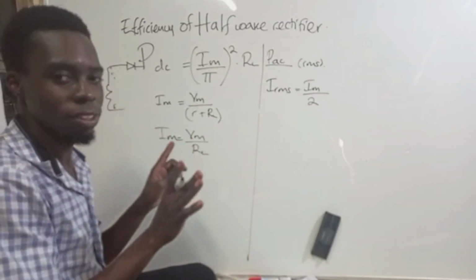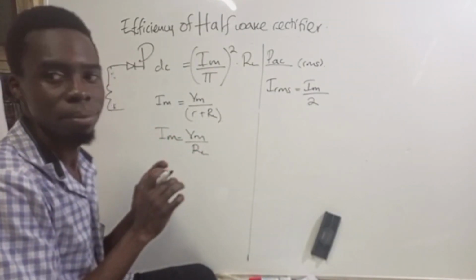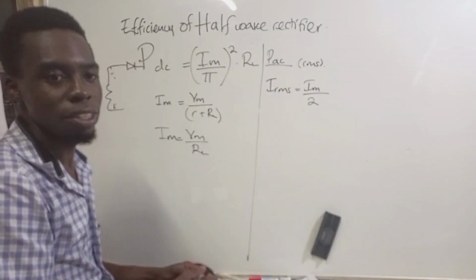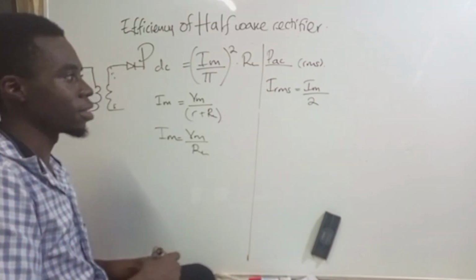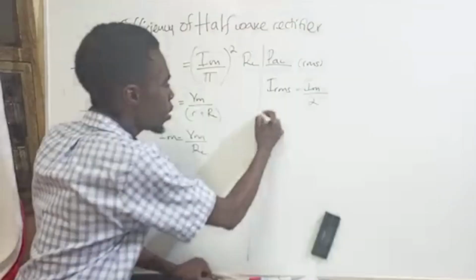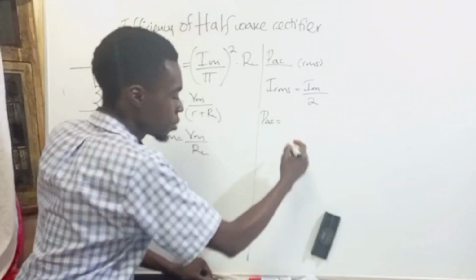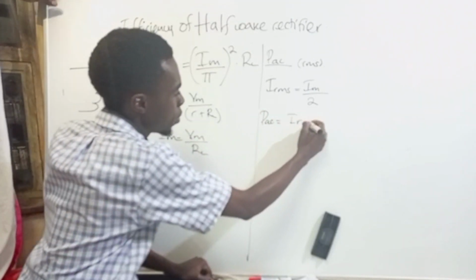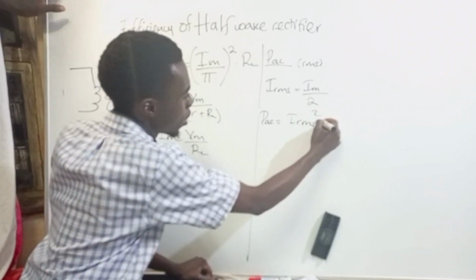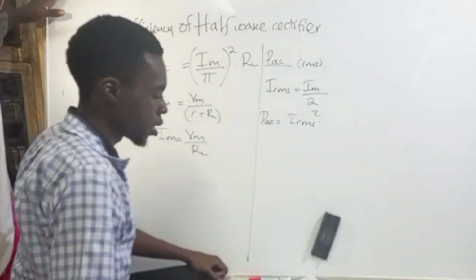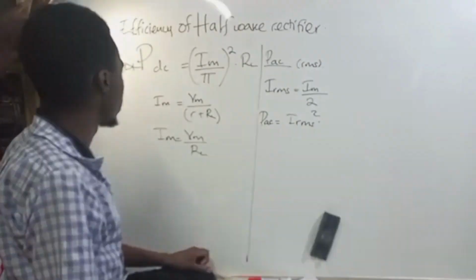That is the difference between a half wave rectifier and the full wave rectifiers or any other DC calculation. So my PAC here can be got by simply getting my IRMS value squared times the total resistance across this section.